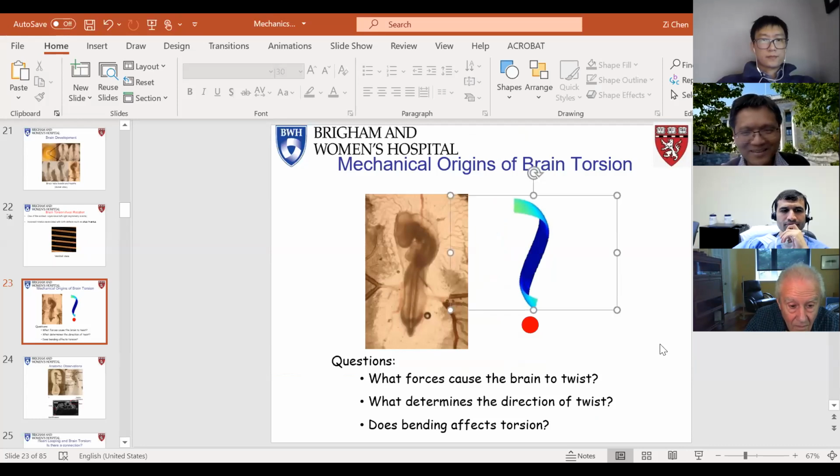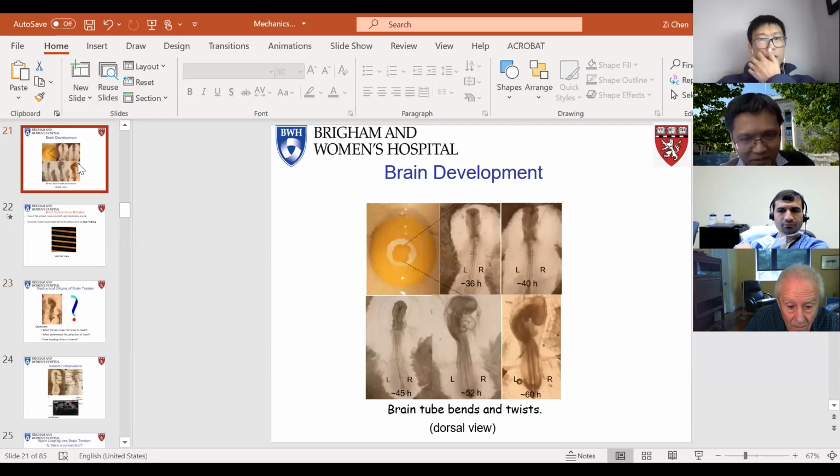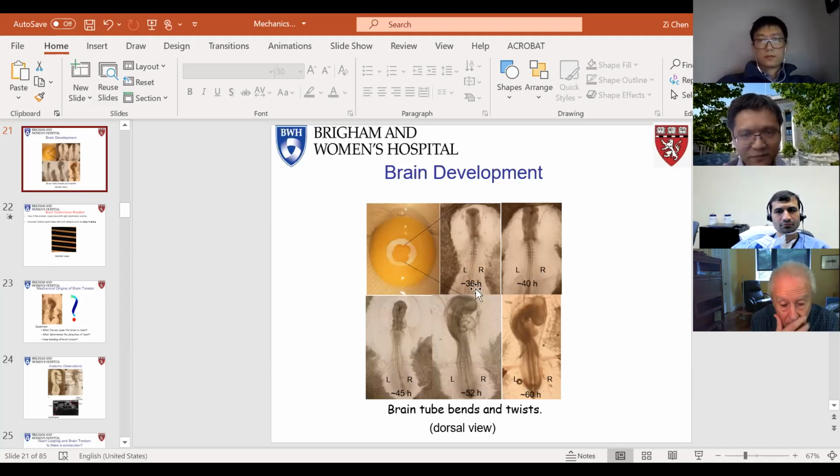Okay, sorry. Yeah, so we can culture it to a desirable stage, and then you can see that initially the brain tube was a straight tube, and then after 36 hours, if we keep culturing it, it's subdivided into forebrain, midbrain, hindbrain, and at some point it starts to bend ventrally and also twist almost at the same time.